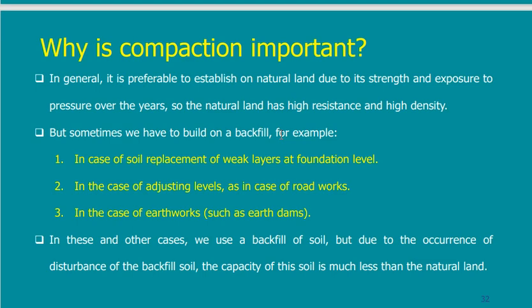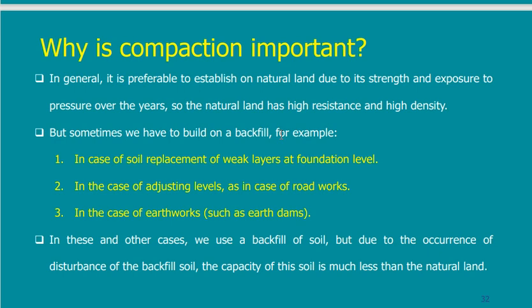In any site that you go to and you find people dumping soil 1 meter on top of the ground and then compacting the surface, you are not compacting, you are just compacting the first 25 centimeters, but the remaining 75 centimeters will not be compacted at all.